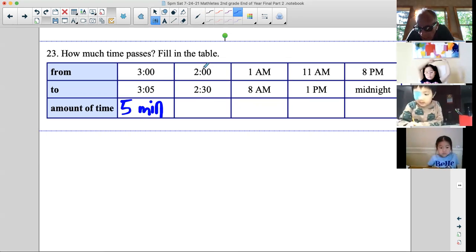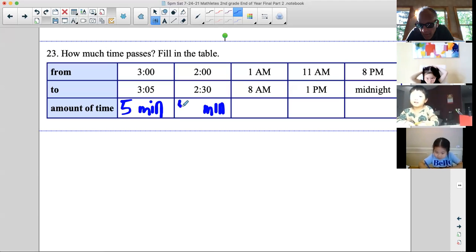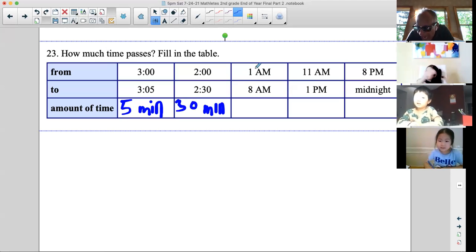Now, same question. From 2 o'clock to 2:30, how many minutes? On 3. 1, 2, 3, go. 30. Now, that was beautiful. From 1 a.m. to 8 a.m., how many hours?